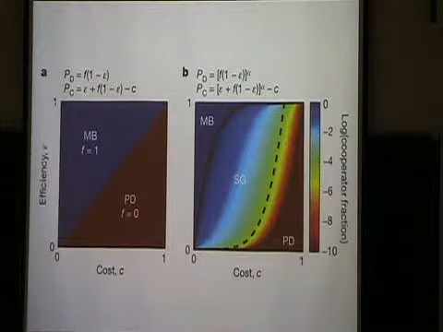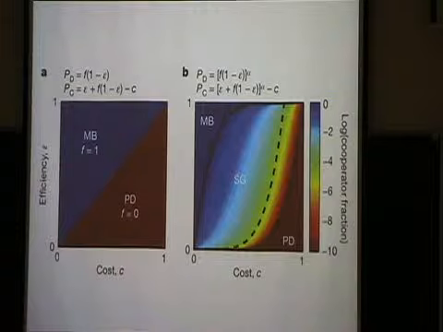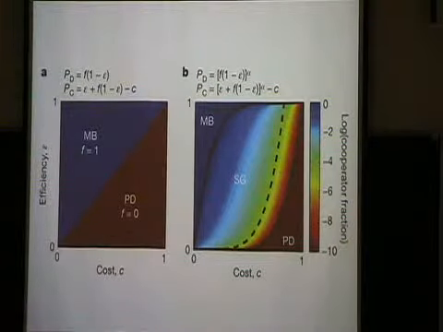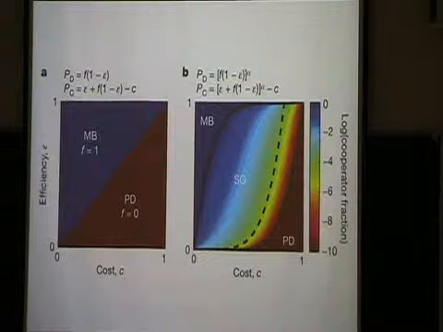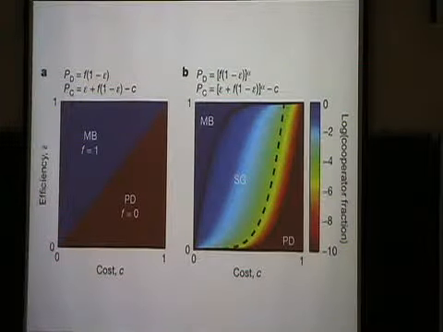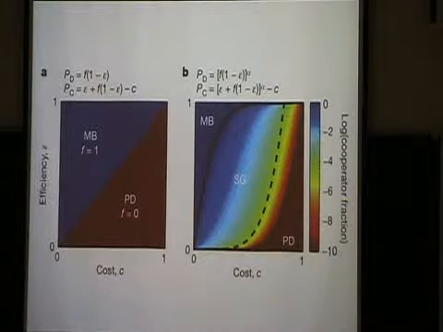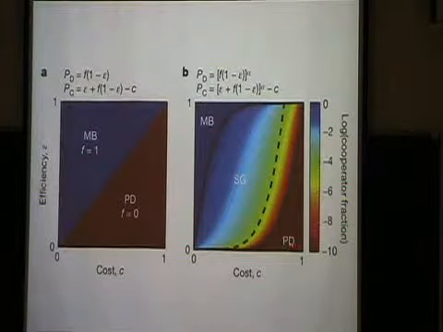So that's what they find. And I think it's important to keep in mind that there are these types of generalizations of game theory and settings which are important if you want to do real biology. SG means Snowdrift game. Snowdrift game, okay. So this is mutual benefit, Snowdrift games, and prisoner's dilemma.